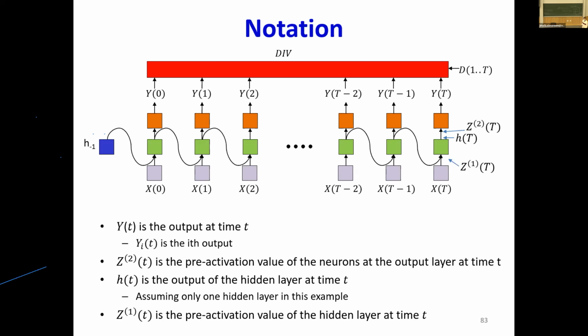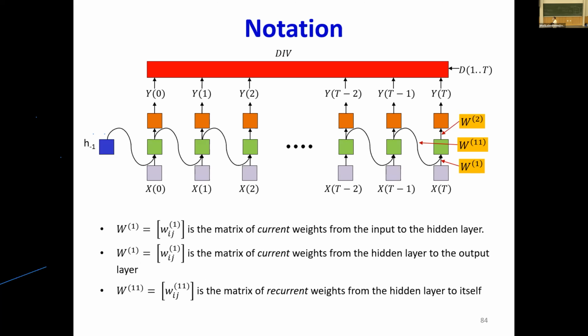The term in the argument in parentheses represents time. Ht is the output of the hidden layer, so this is after you apply the activation to the affine value. So Z1(t) is the affine activation for the hidden layer. Ht is the output of the hidden layer. Z2(t) is the affine value at the output layer. And Yt is the actual output of the network at time t.